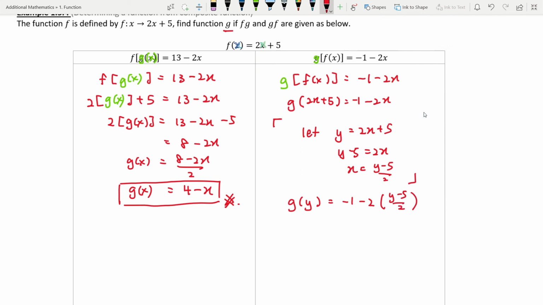Then simplify the equation, we get negative 1, expand it, minus y plus 5. We have 4 minus y. This is our g(y). You can stop here or you can change the y back to x. g(x) equal to 4 minus x.